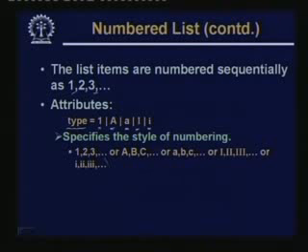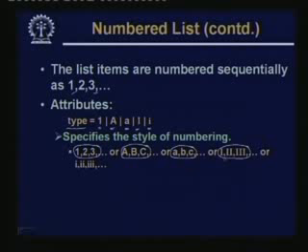This means that if we give type equal to 1, we want to follow the numbering scheme 1, 2, 3 like this. If it is capital A, we want to follow the numbering scheme A, B, C capital. Small a means we want to follow small a, small b, small c. If it is capital I, we are trying to follow the Roman numbering system.